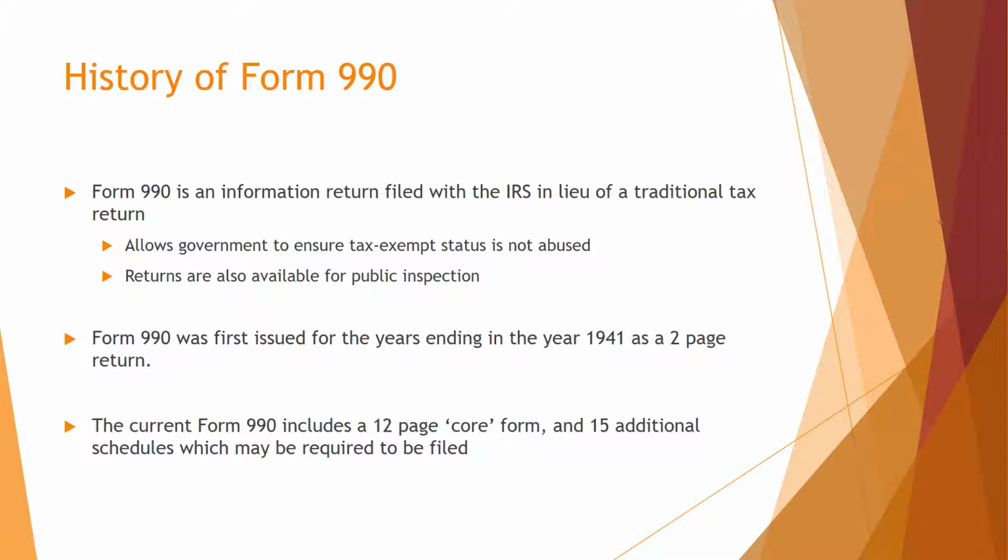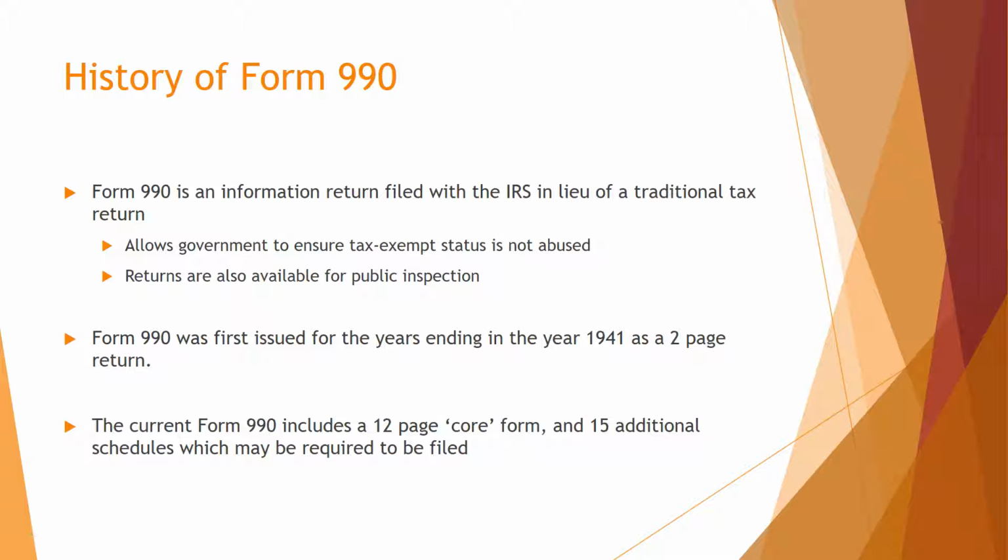Form 990 has been around since 1941, where it was first issued as a 2-page return. The current Form 990 includes a 12-page core form that all organizations that meet the thresholds for requiring the regular 990 must file, plus 15 additional schedules which may be required based on the activities and the nature of the organization. For smaller organizations, there are two other kinds of Form 990s.